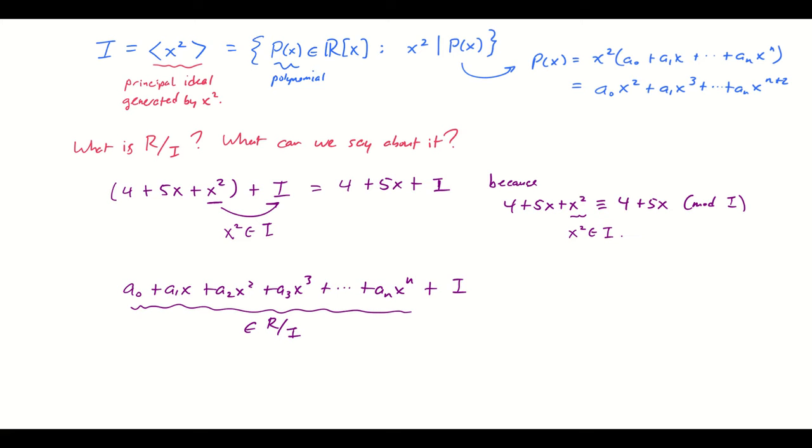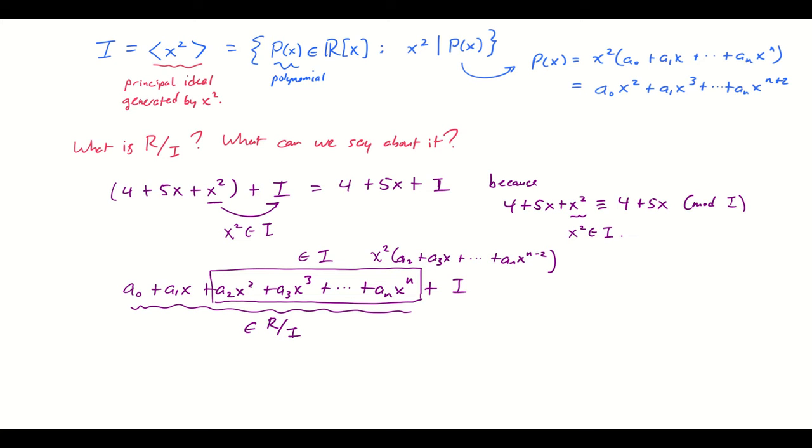The answer is absolutely there is, because everything here, assuming that these powers are in increasing order, belongs to I, because I can write that as x squared times a2 plus a3x, and so on, up to an x to the n minus 2.